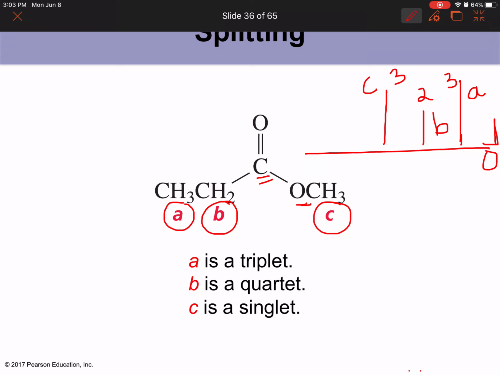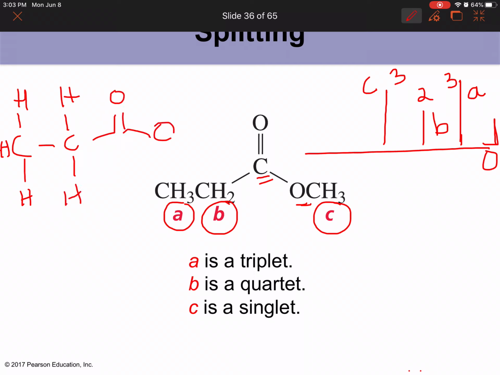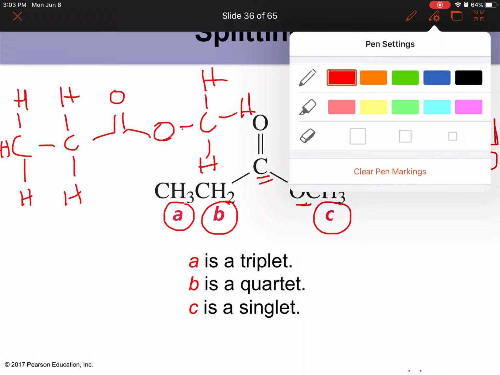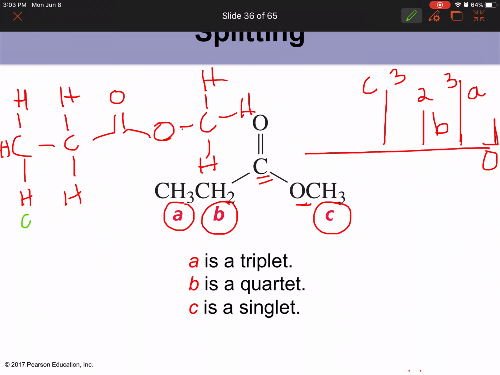Now let's look at A. If I expand this, these are the A hydrogens, B hydrogens, and then the C hydrogens.